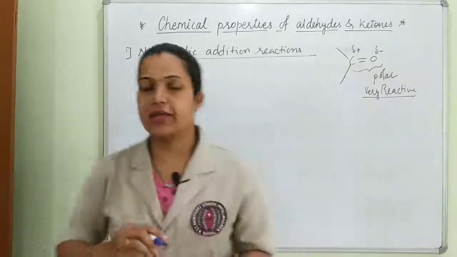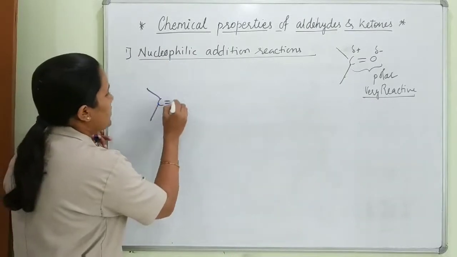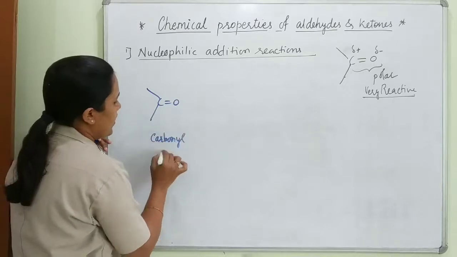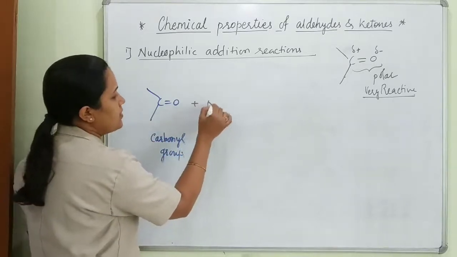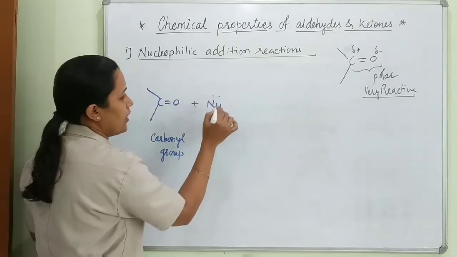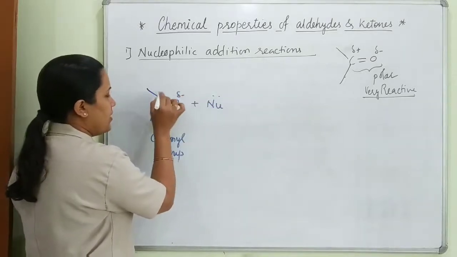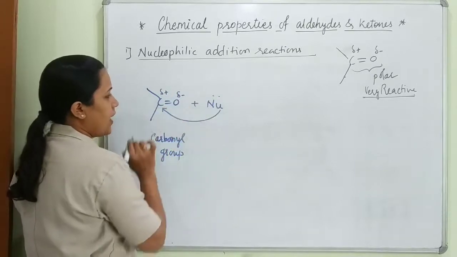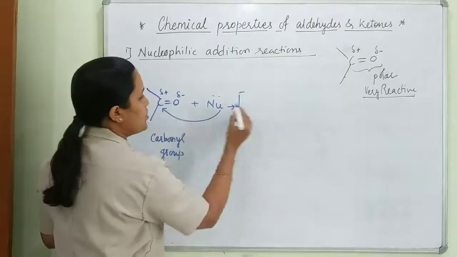So here I am taking this as the carbonyl group. Now in the carbonyl group, when there is an attack of a nucleophile, with negative and positive charges here, definitely this nucleophile will attack the carbon and they will form a transition state.